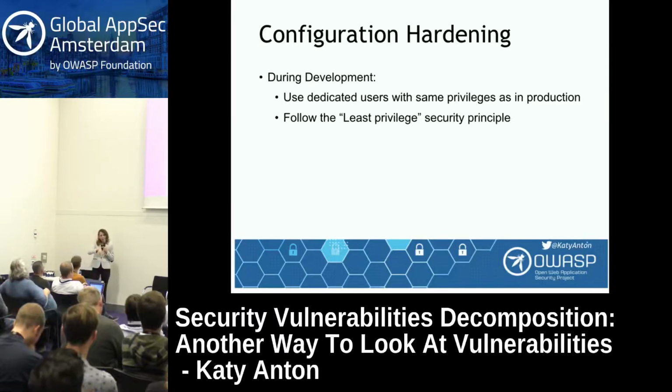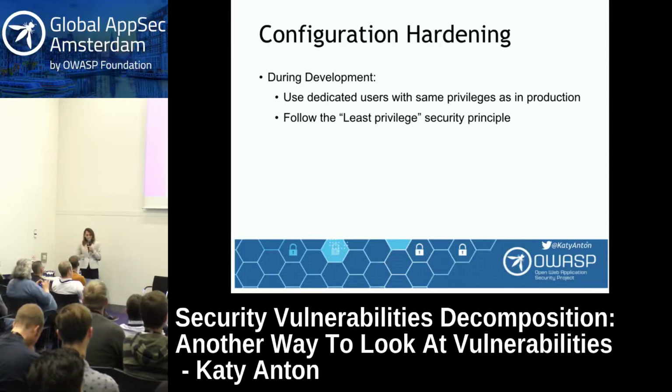And the application user used in the development environment should again have the same permissions, and ideally should be a dedicated one. So if your application should access certain folders using only, for example, read permission, which would apply to configuration files, then this should be the case in the development environment as well as in production. So they should replicate in production as well.